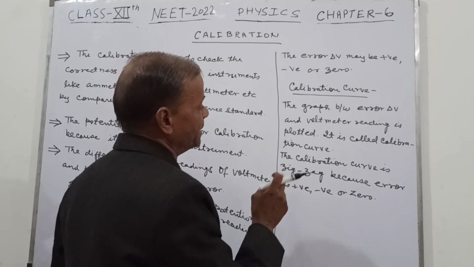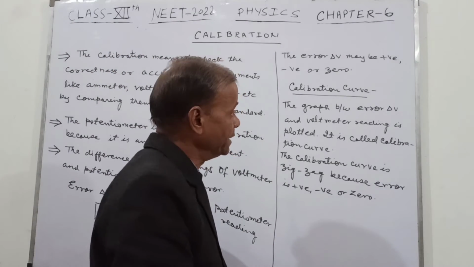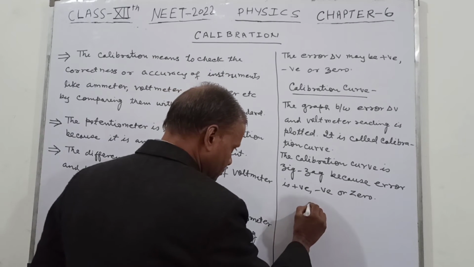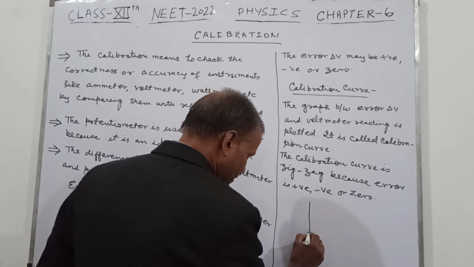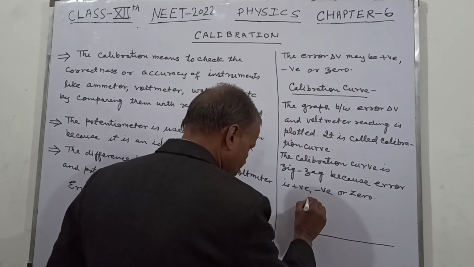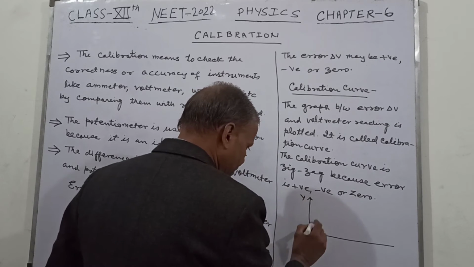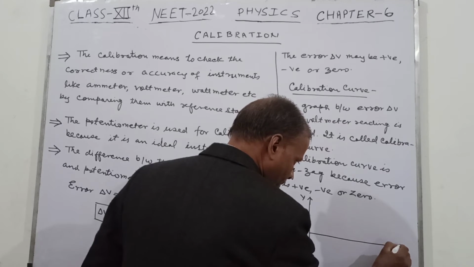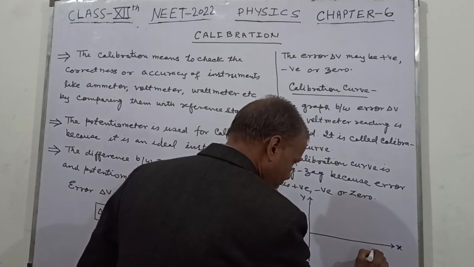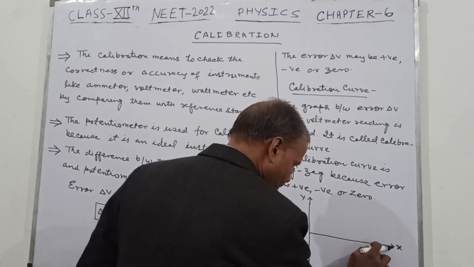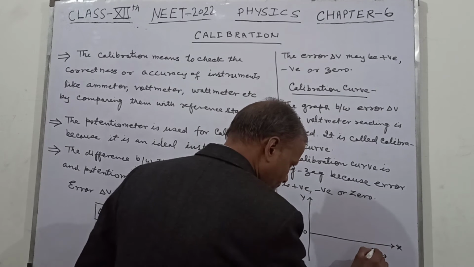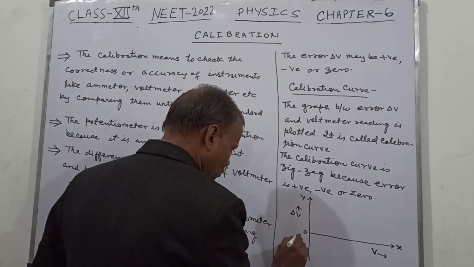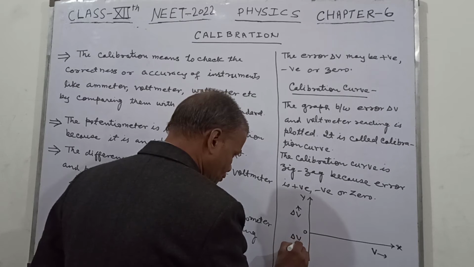So what we have is that this error is taken on the y-axis and the voltmeter reading on the x-axis. Then we draw it like this. This is the y-axis. This is your x-axis. Here we take the voltmeter reading V. And here we take the delta V on this side and delta V on this side also.